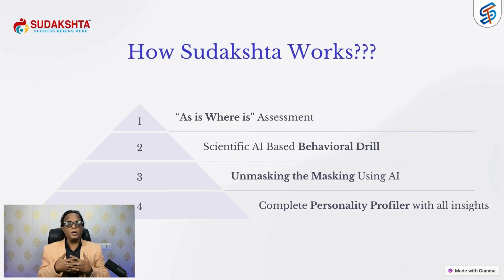Second is comprehension reading. This comprehension reading is a real time situation where there are multiple questions from the competencies and the statement itself. So you have to give the right answer. AI on its own will give you and filter scientifically what actually is your unmasking score.